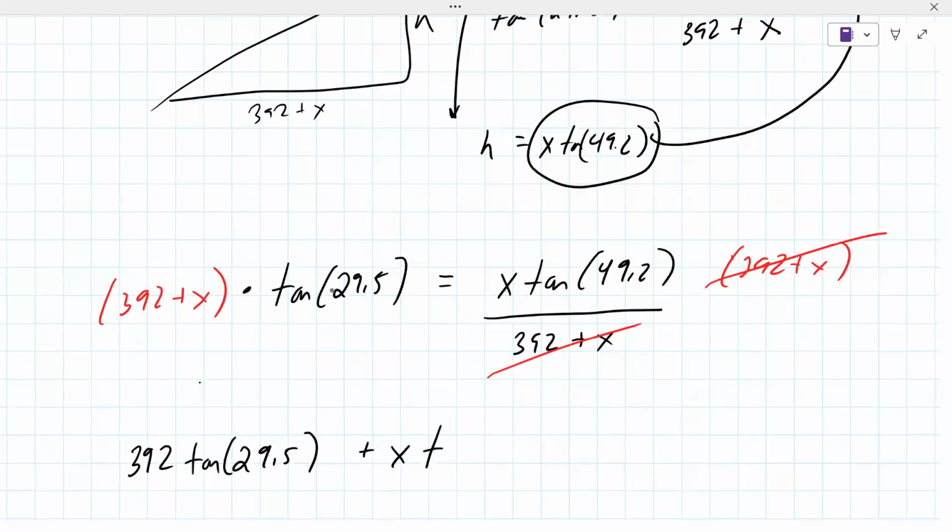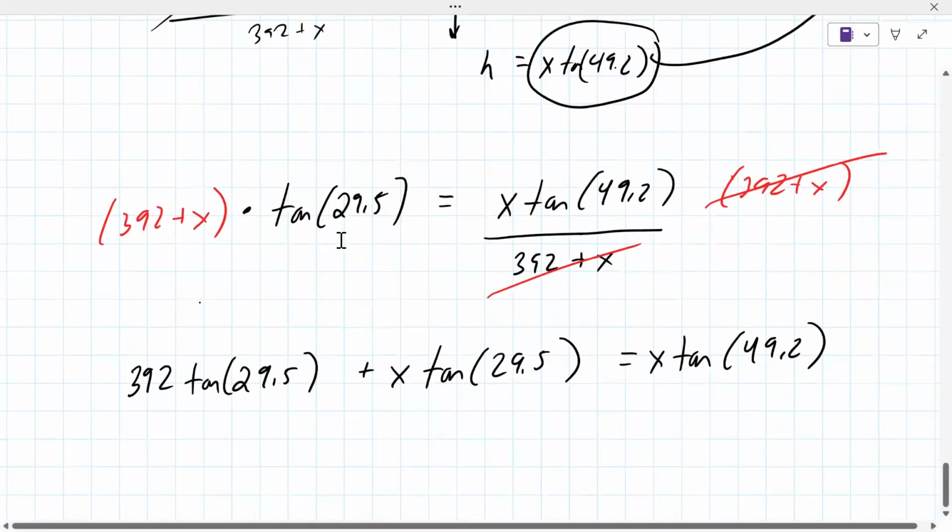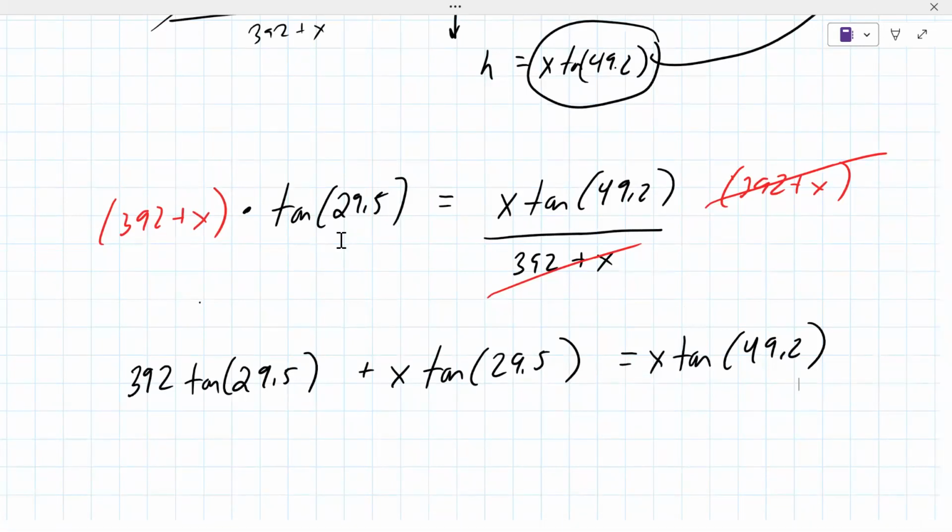And like I said, if you really don't like writing the tangent over and over again, you can round it to 4 decimal places if you're going to.